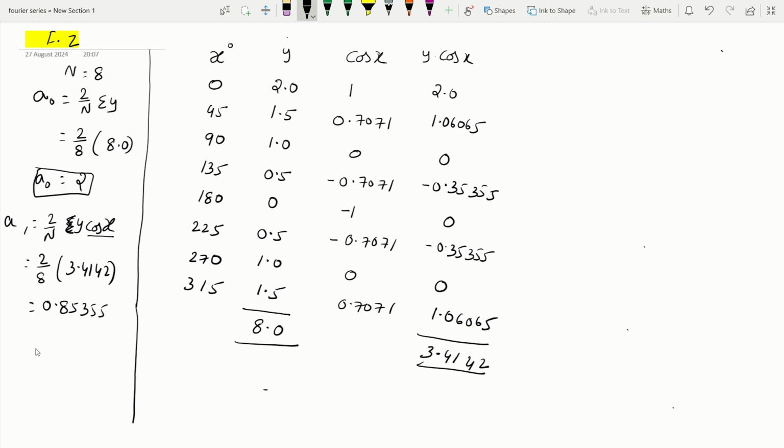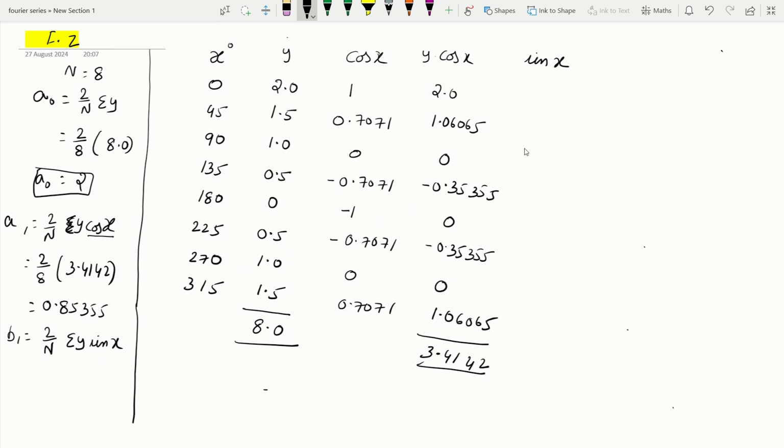Then immediately go for B1. What is the B1 formula? 2 by n summation y sin x. I hope you understood now. We have to calculate sin x first, then multiply with y, then sum all the values.